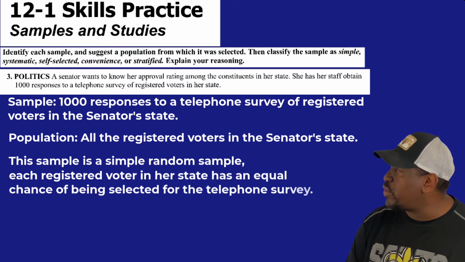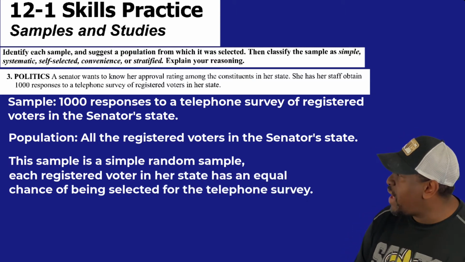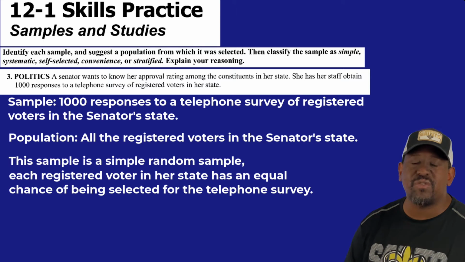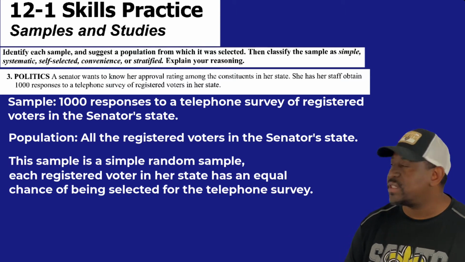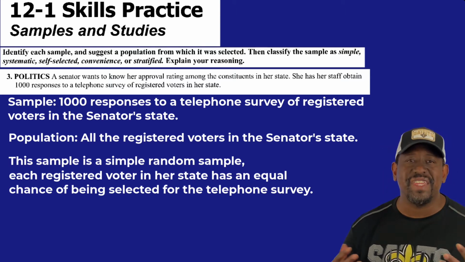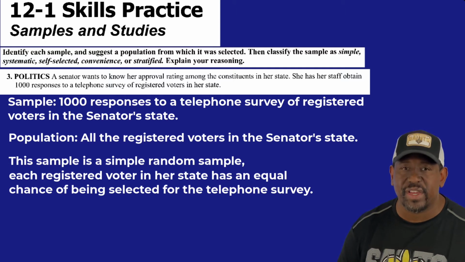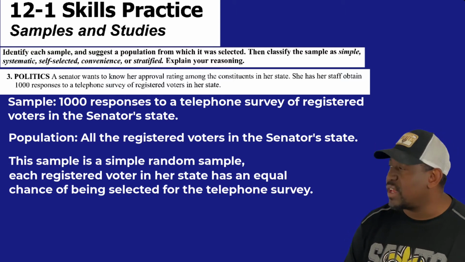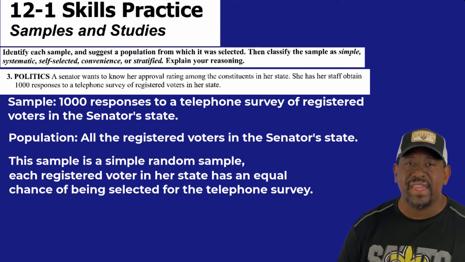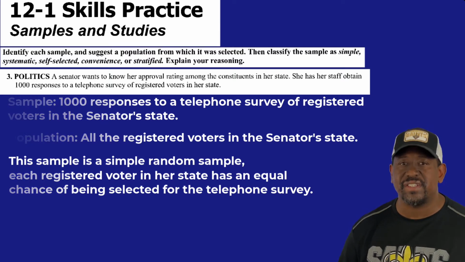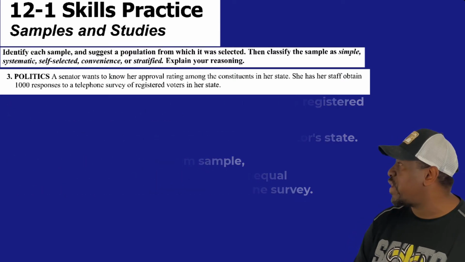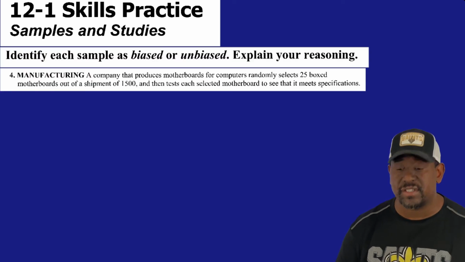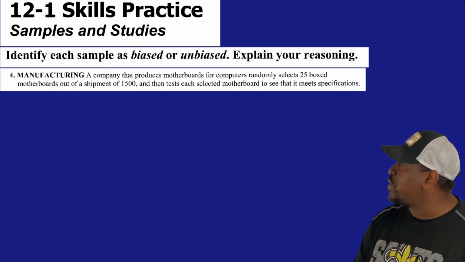Each registered voter in her state has an equal chance of being randomly selected. We've had an example of each of the different types of surveys in our 3 examples, so you've got to be very knowledgeable and confident in your definitions for the 5 different types of samples that we will be dealing with in this section. So now we're going to do a different type of problem.